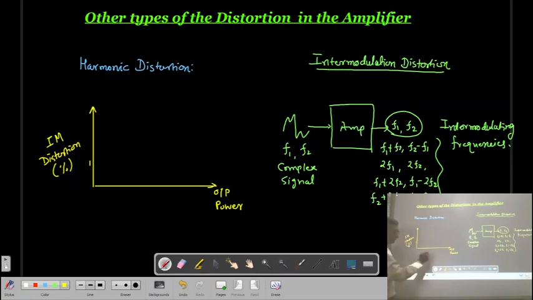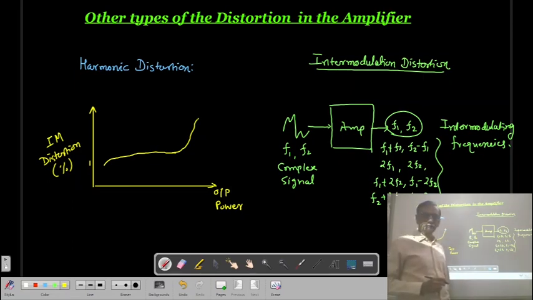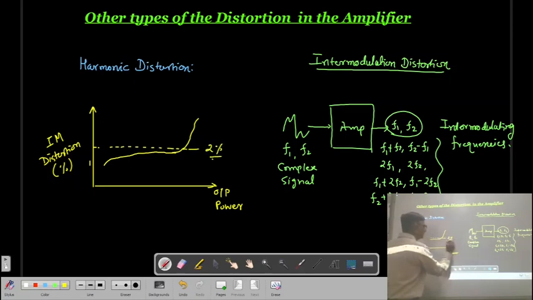Normally as the output power increases, the intermodulation distortion also increases, and after a certain output power, the intermodulation distortion suddenly rises. If this distortion is up to 2%, then it is tolerable, meaning you can have good quality sound. But if it is more than 2%, then the quality of the sound is poor.